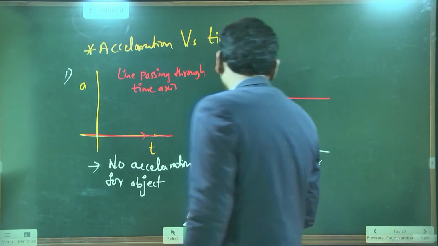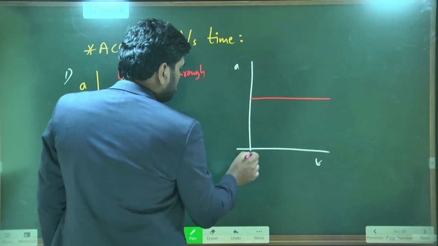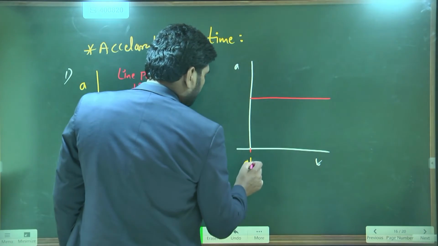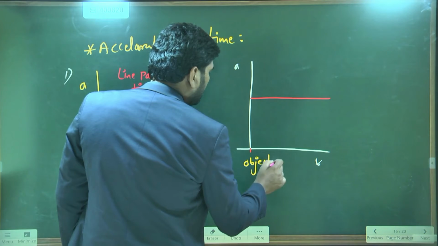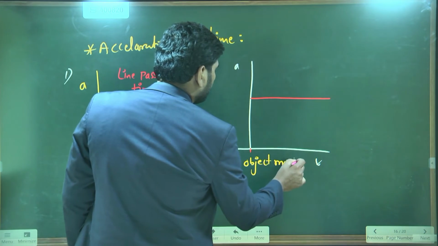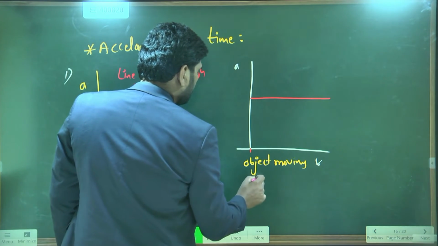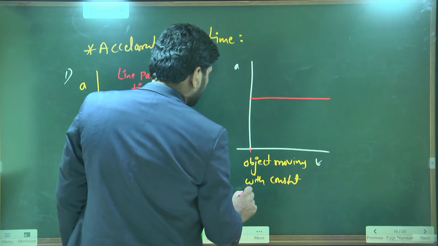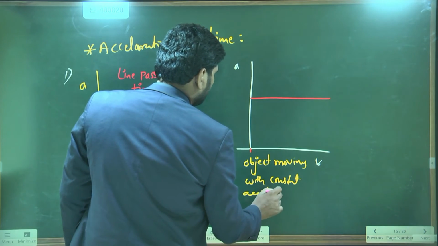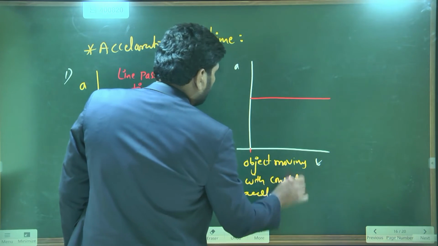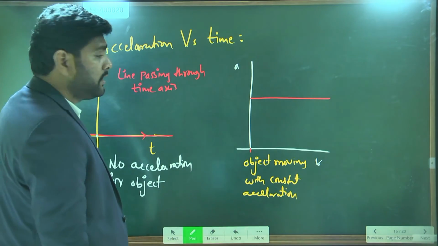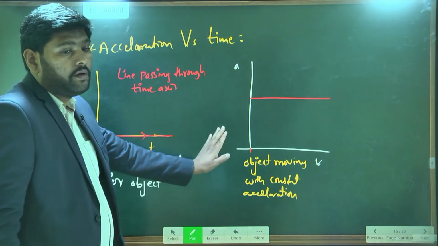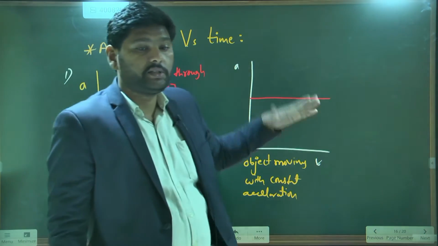The object is moving with constant acceleration, so you can write: object moving with constant acceleration. When the body is moving with constant acceleration, I want the same graph in terms of speed versus time.